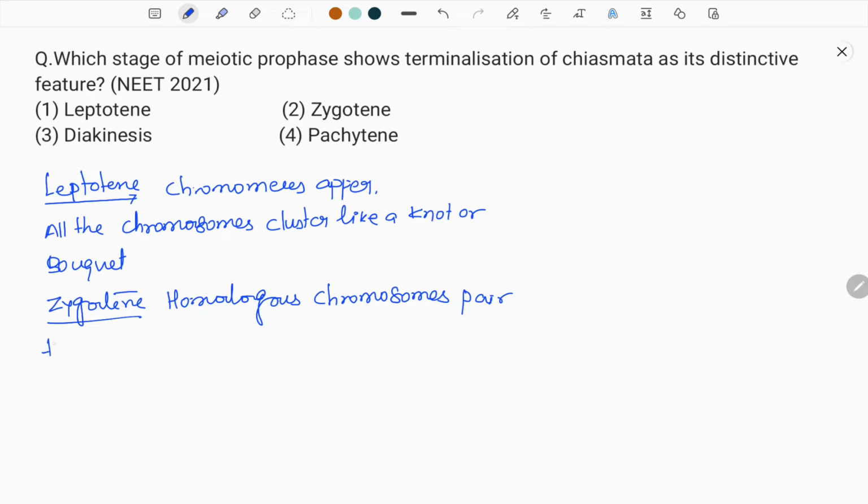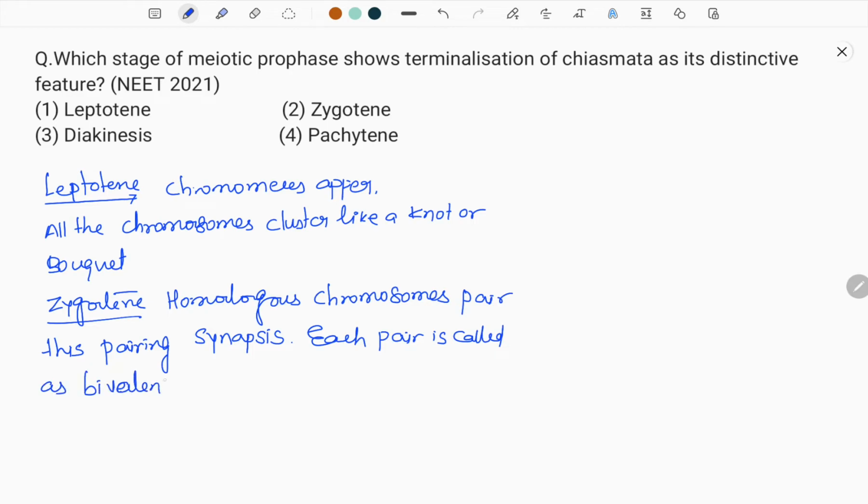This pairing is called synapsis, SYNA, not SYNO, synapsis, and each pair is known as bivalent.